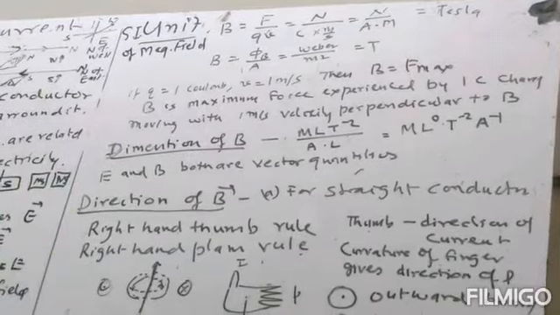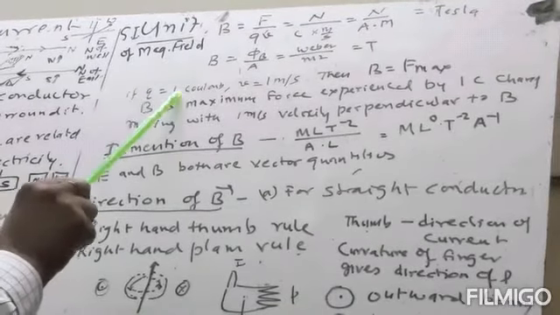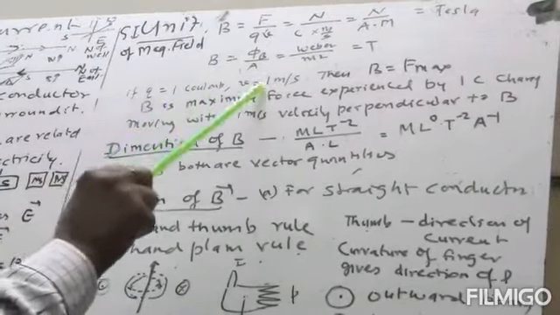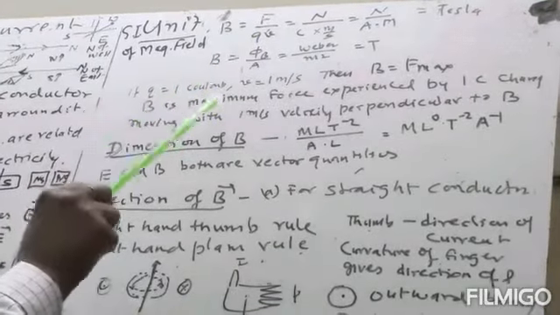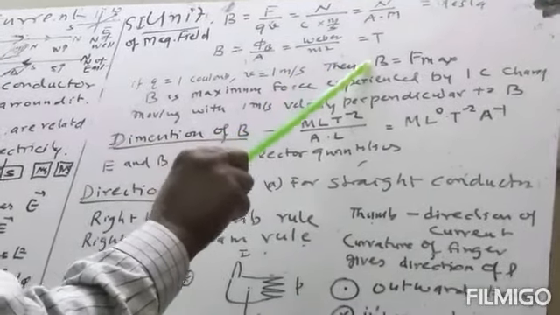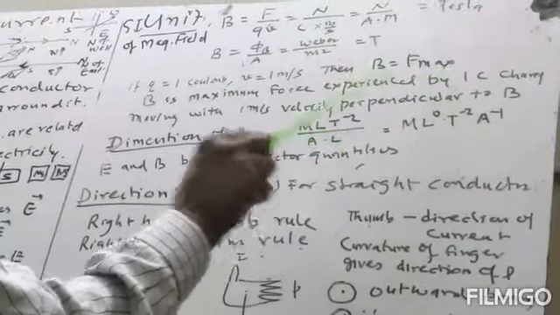Now we can define it. If Q is equal to 1 coulomb and velocity is 1 meter per second, then B will be equal to F maximum.